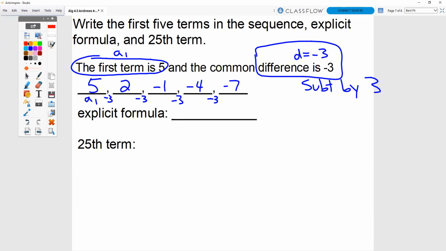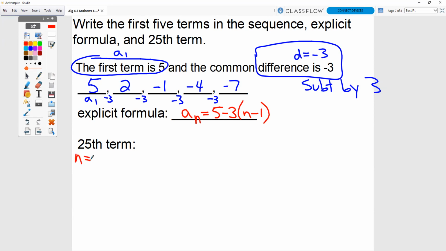For the explicit formula, the term that you want, a sub n, equals the first term, which in this case is 5, plus the common difference. But we're not going to write +3, we're going to write -3 because we're subtracting by 3 each time or adding by -3, times n minus 1. That formula will give you any term number that you want.